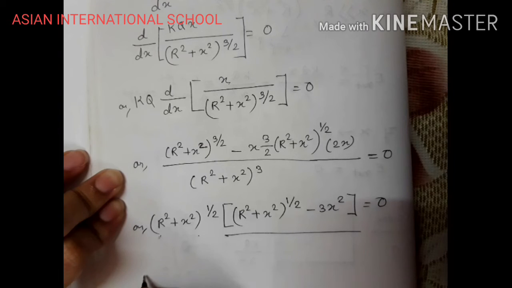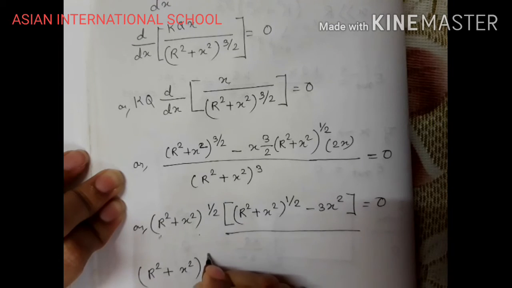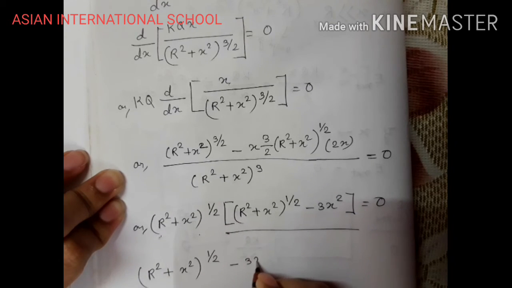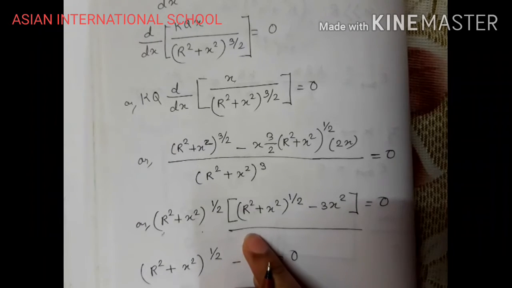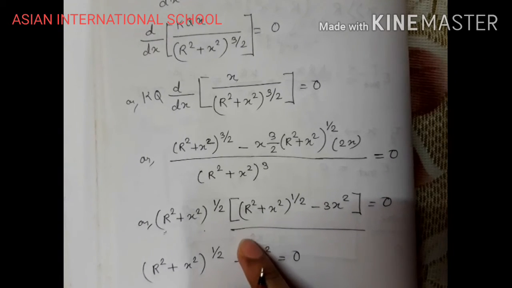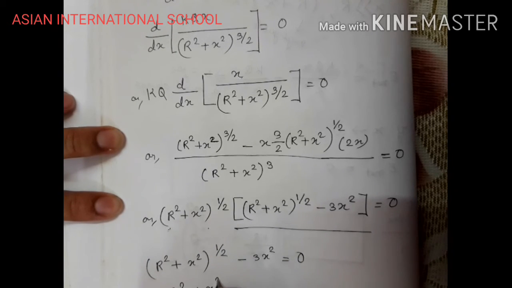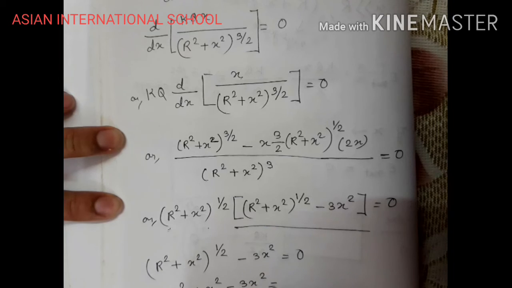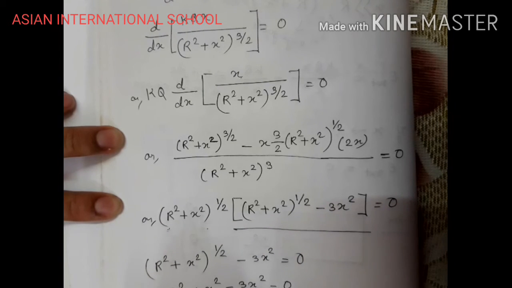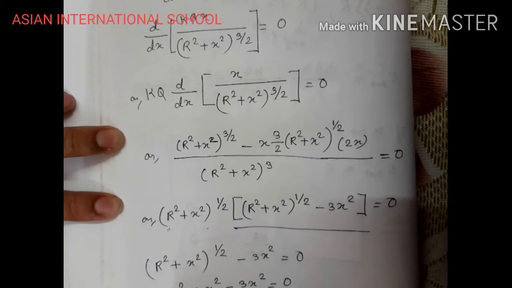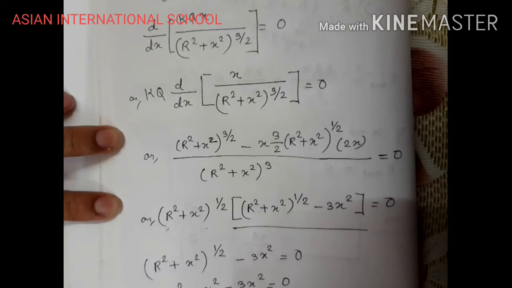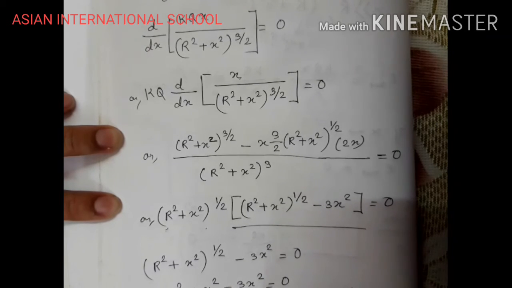Okay, so I can write r square plus x square minus 3x square equals 0. Therefore x square equals r square by 2, that is, x equals plus minus r by root 2.